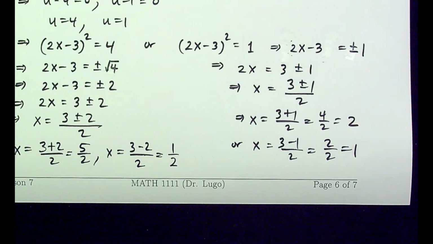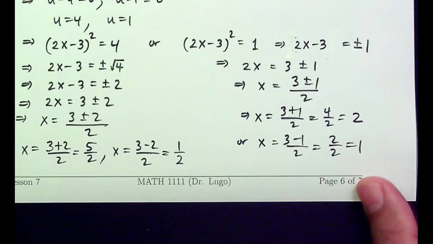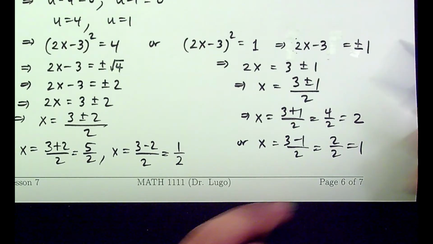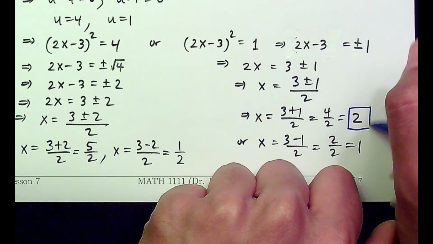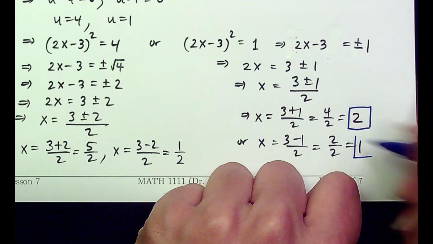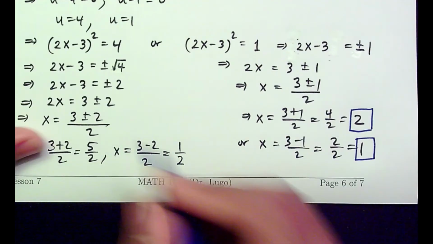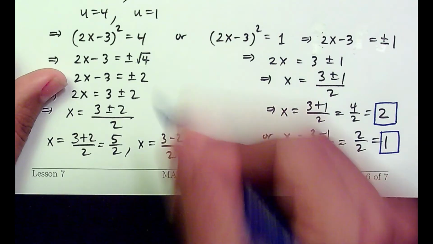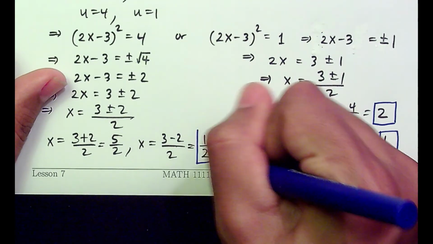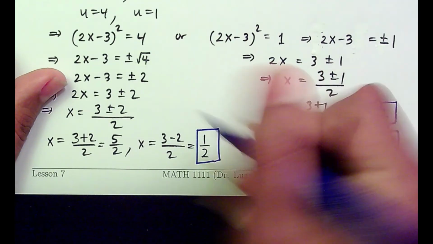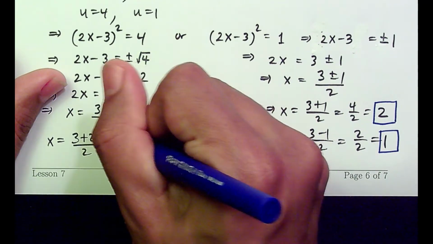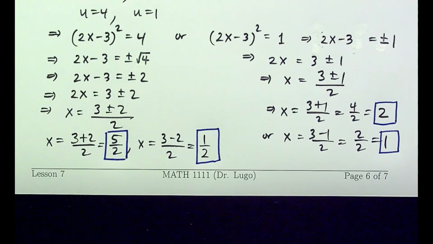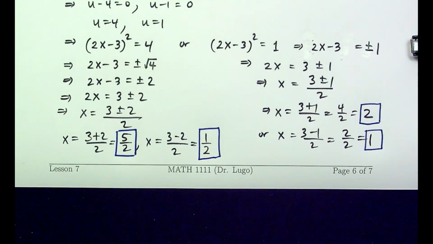The four answers are 2, 1, 1 half, and 5 halves. Okay, so those are the four solutions of that equation.